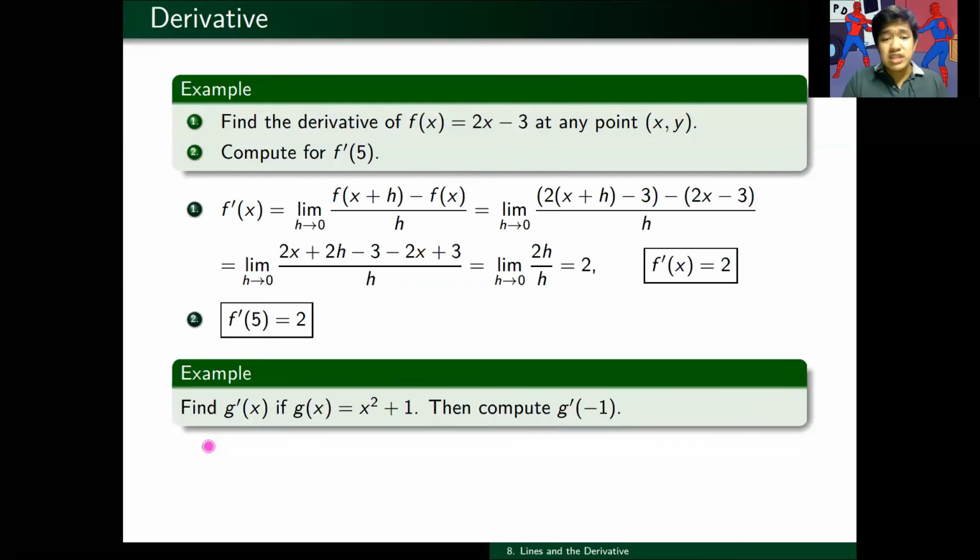Next, hanapin ko daw yung derivative ng function na x squared plus 1 for any x. Yun po yung ibig sabihin ng g prime of x. And then, hanapin ko yung derivative at negative 1. Okay. So, gamitin ulit natin yung limit.